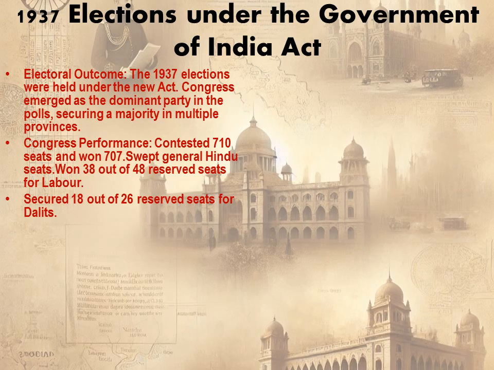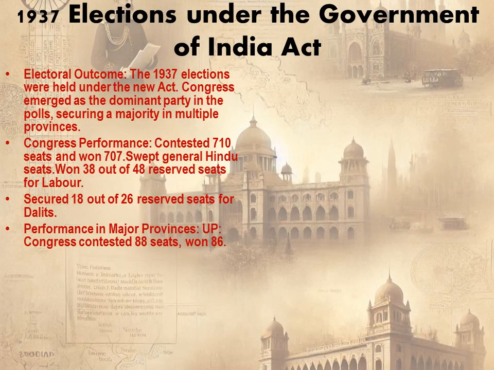They secured 18 out of 26 reserved seats for Dalits. Dalits mean lower caste Hindus. So 26 seats were reserved for the Dalits, and Congress won 18 among those 26 seats.